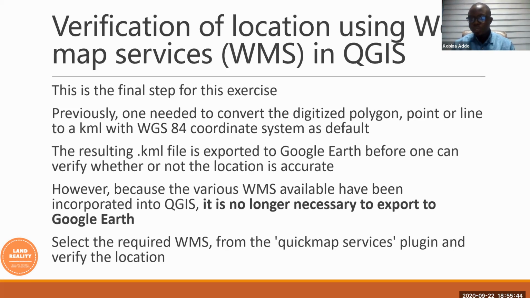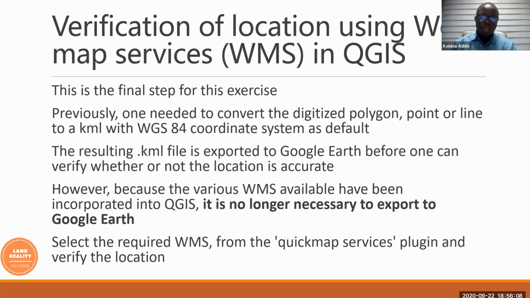So previously, we know of Google Earth. Some people are able to convert the digitized parcel to a KML file, which is the accepted format of data for Google Earth, and then you upload it to Google Earth before you are able to see. Google Earth on its own is a standalone application. So it means if you don't have it, you cannot use it.